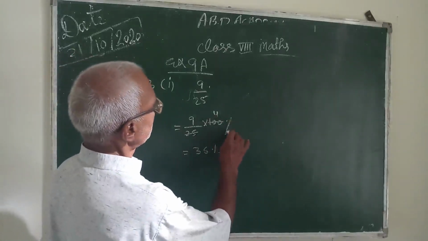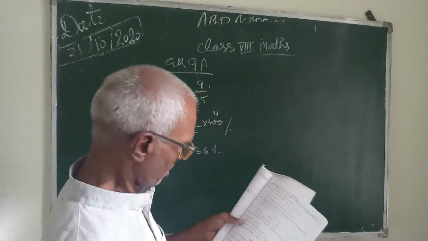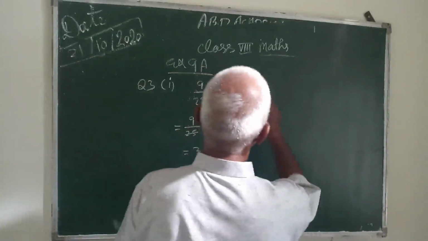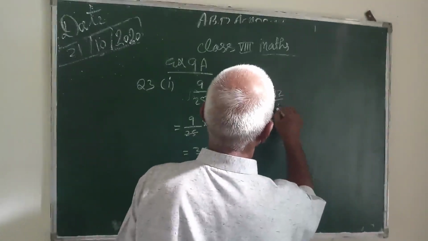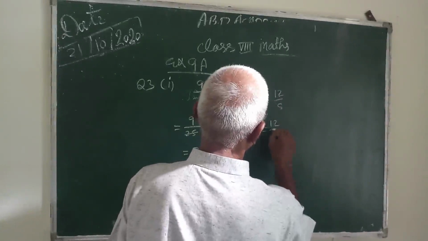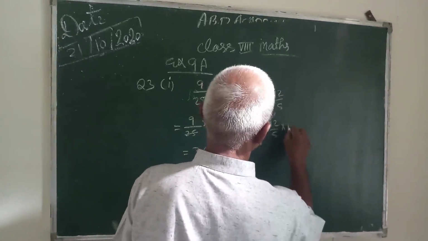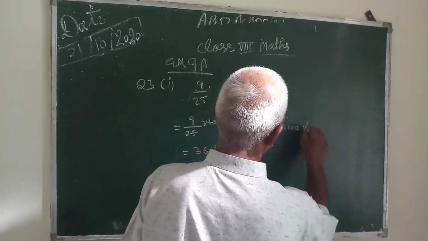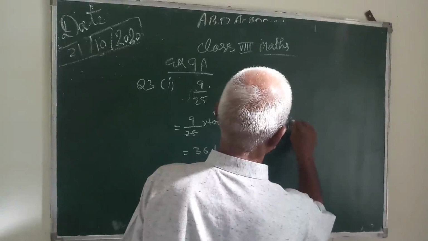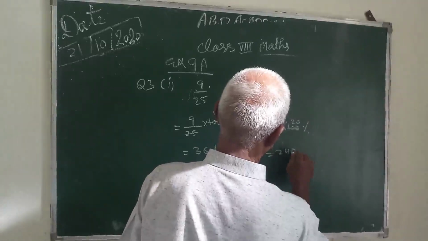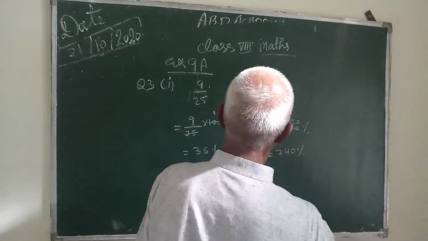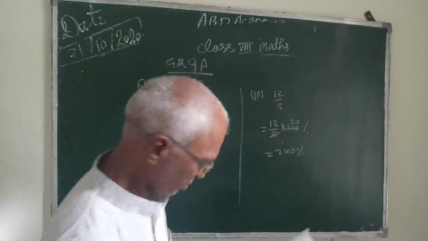Multiplied by 100 and write percent. Take the third part, 12 upon 5. It is equal to 12 upon 5 into 100 percent. 5 times 20 is 100, so it becomes 240%. Like this, question 3.